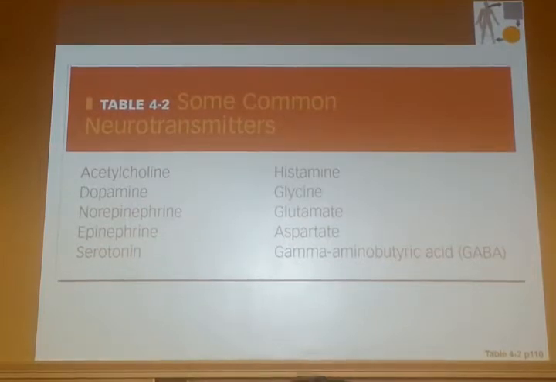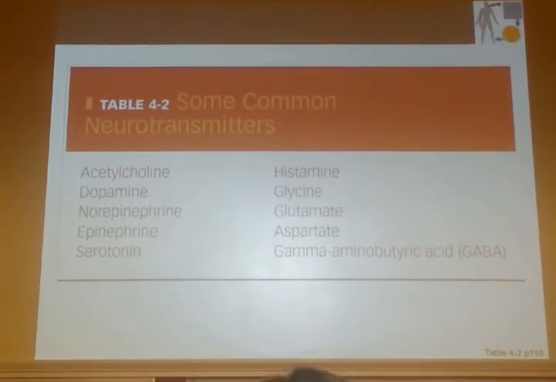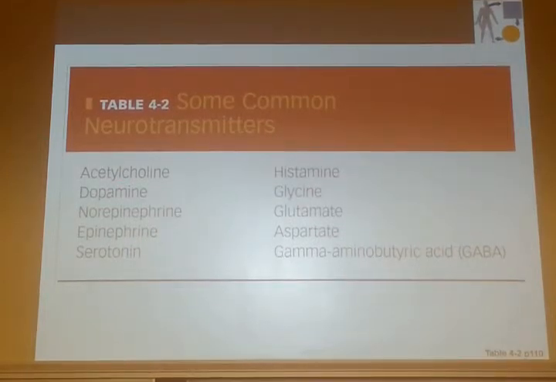If you look at all of these, they are made from amino acids: acetate stuck to choline, acetylcholine, dopamine, norepinephrine, epinephrine, all made from tyrosine, serotonin from tryptophan, glycine is already glycine, glutamate, aspartate. Those are all amino acids.